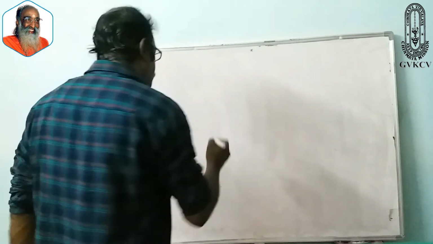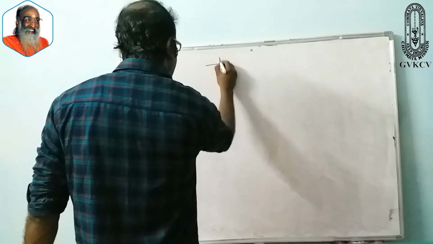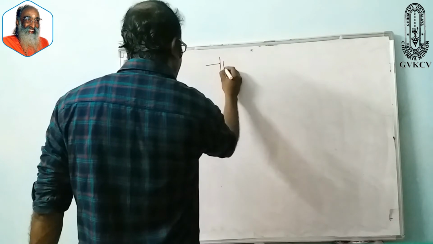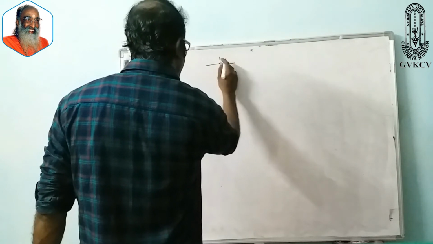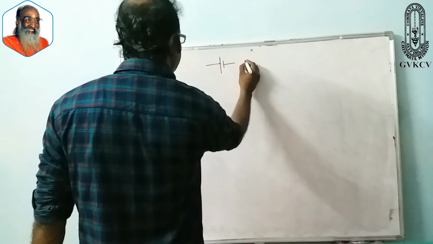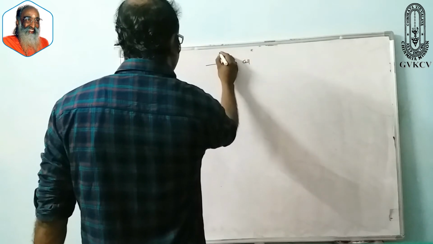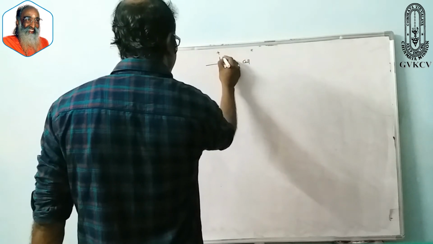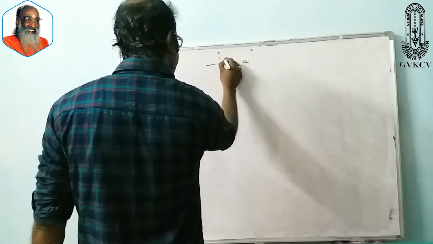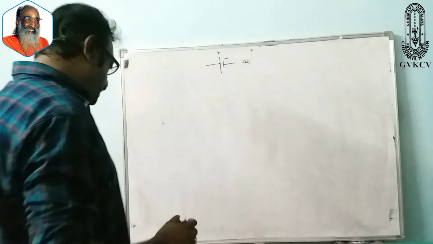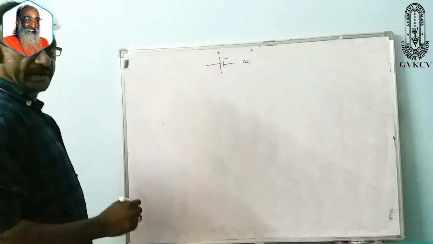Already you know about this symbol, two parallel lines, one long and the other short. This is for denoting a cell. The long one is for the plus, positive, and the short one is for minus, that is negative. Next is battery.